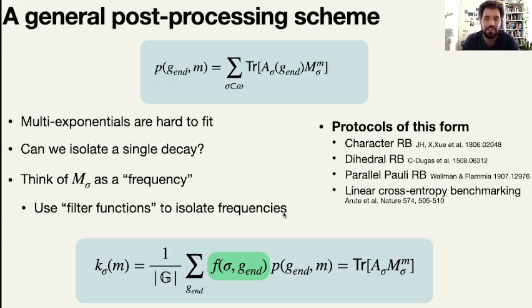So that's an interesting thing that falls out of the math here. So you can think of linear cross entropy benchmarking as just randomized benchmarking plus a post-processing step, plus or minus some details, of course.